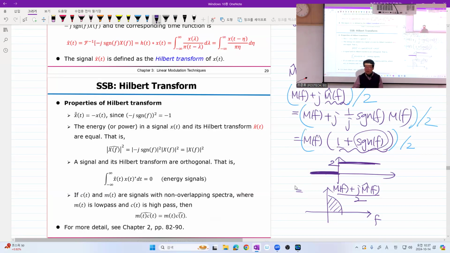Some people say upper, but anyway, only this one. And this is the analytic signal part of m of t, right? For f negative, no signal. This is interesting.